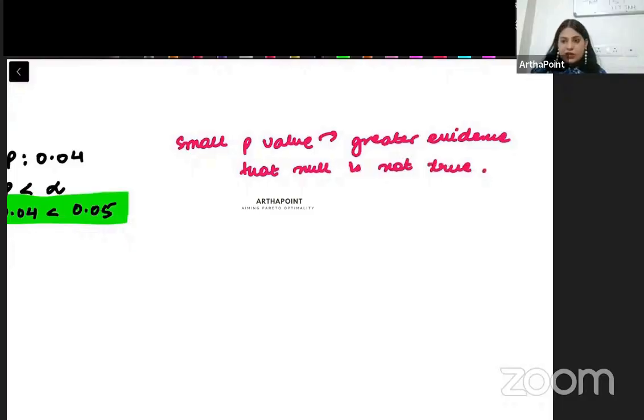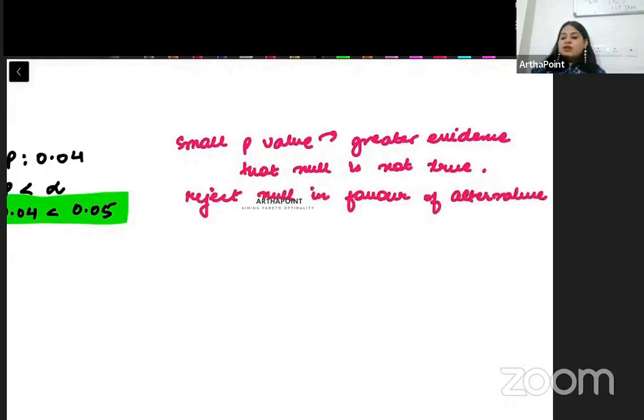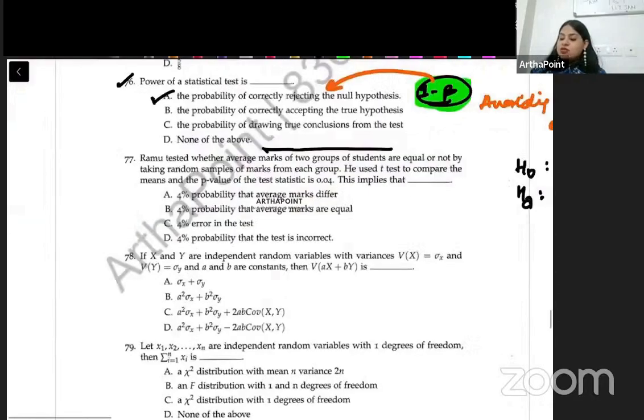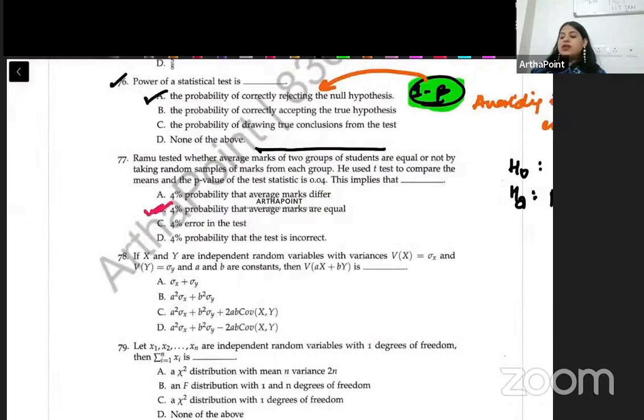So small p-value means greater evidence that null is not true. So you reject null in favor of alternative. So the answer to this is that there is a 4% probability that averages are equal. Because it is less than 5%, I will reject null in favor of alternative. Right? Okay, come to the next question.